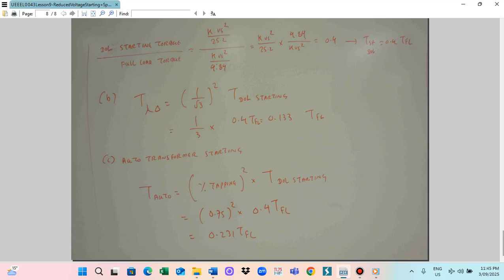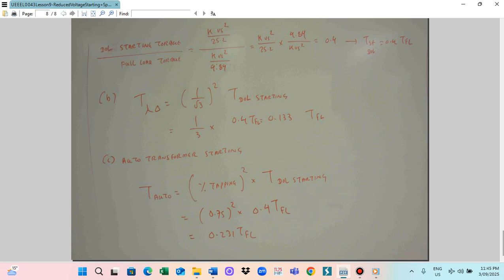For star-delta starting, the starting torque is equal to 1 by root 3 squared multiplied by the direct online starting torque. So this is the equation: T star-delta is equal to 1 by root 3 squared multiplied by T direct online starting. That is 1 by 3, and the starting torque is already calculated as 0.4.